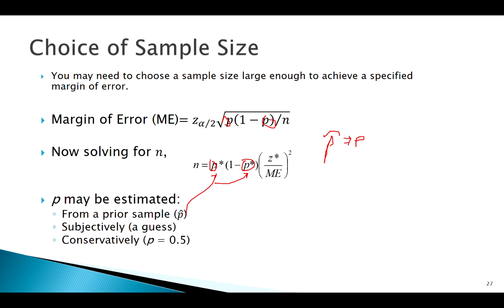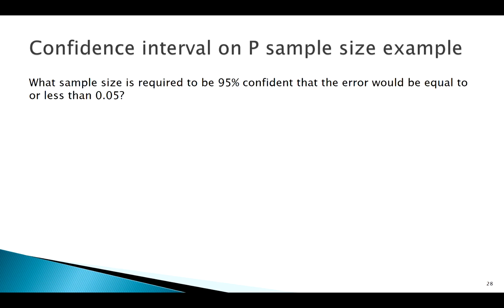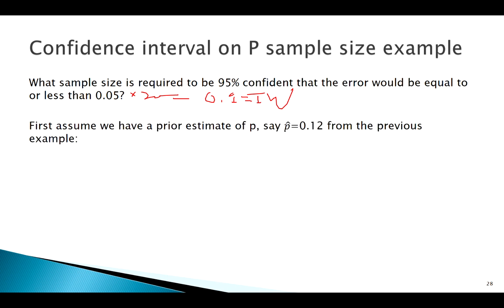All right, so let's apply these ideas. What if we want to be 95% confident with a margin of error equal to 0.05? A margin of error of 0.05 would be an interval width of 0.1. First, remember back to our last example, our P hat, our point estimate, was 0.12.